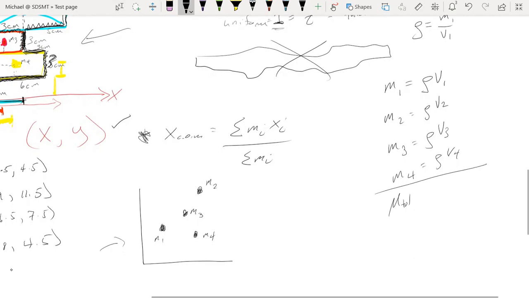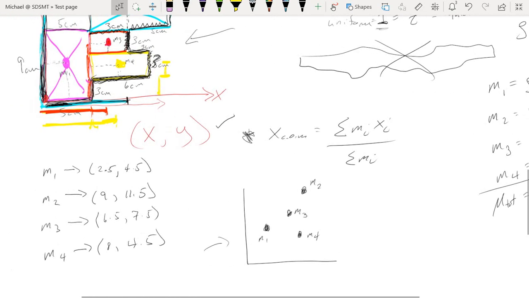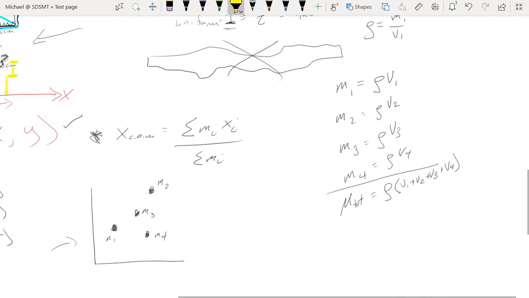We also need to know the total mass of the system. Well, that's going to be rho times all of the volumes. Okay, we can do that. And this video is getting kind of long, so I'll go through and do everything for the X column, and then I'll let you, as a side exercise, work out what the Y component for the center of mass for this system should be.